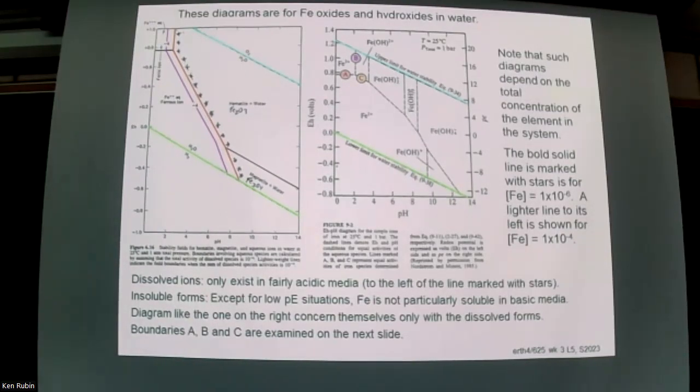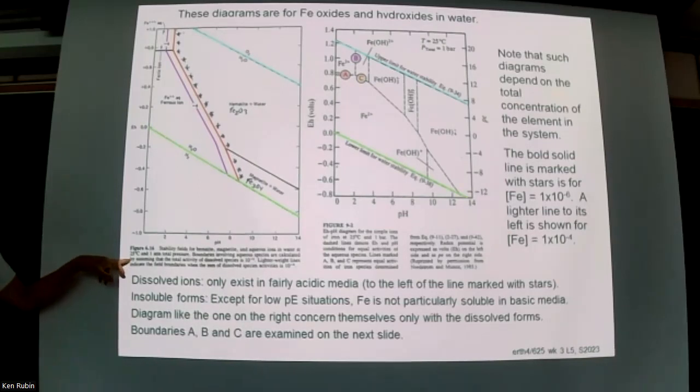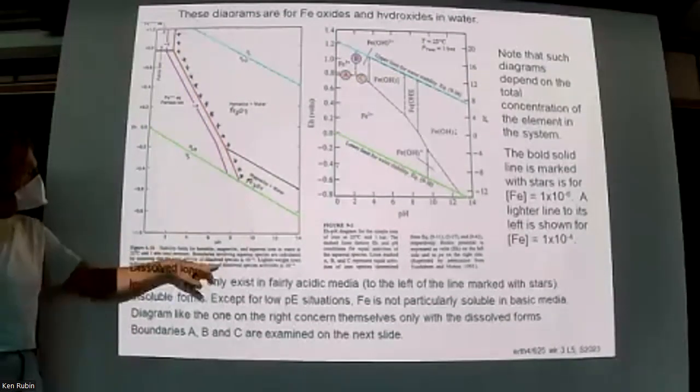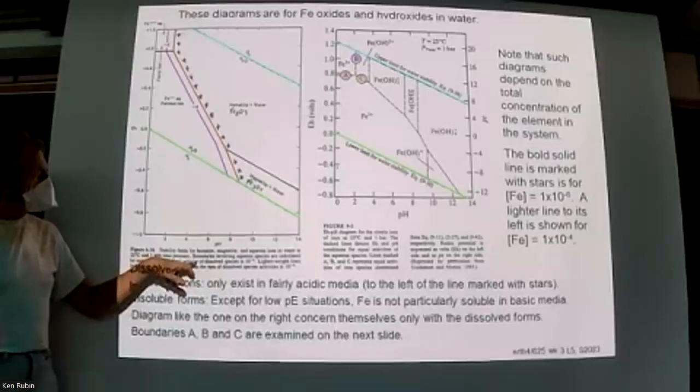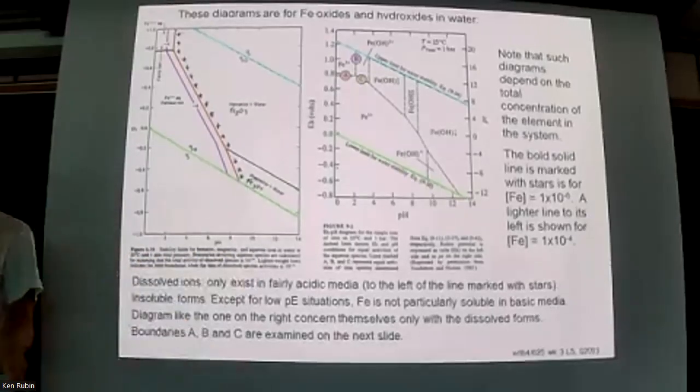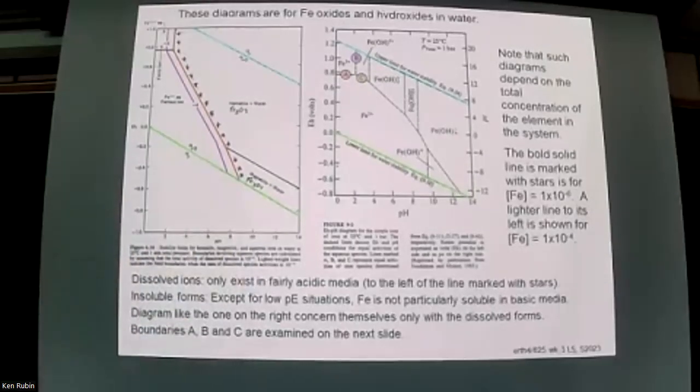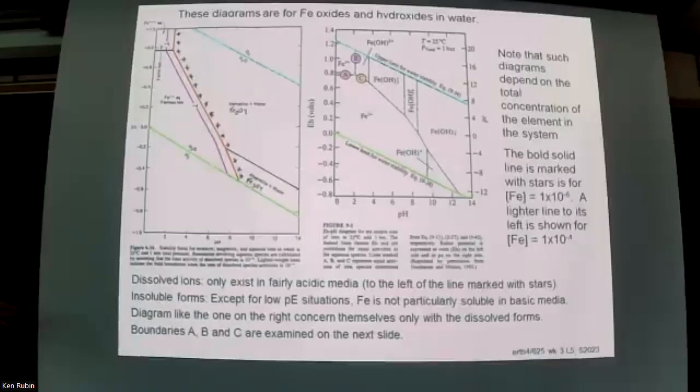Now, there's one other tiny little detail, but you've got to look down here to like the 0.1 font. This is calculated for a concentration, total activity of dissolved species, of 10 to the minus 6, right? There's a certain amount of iron that we can stick into solution.